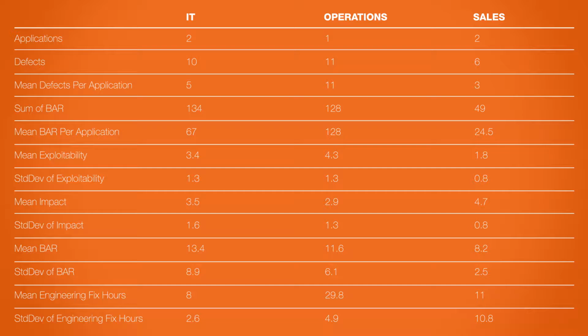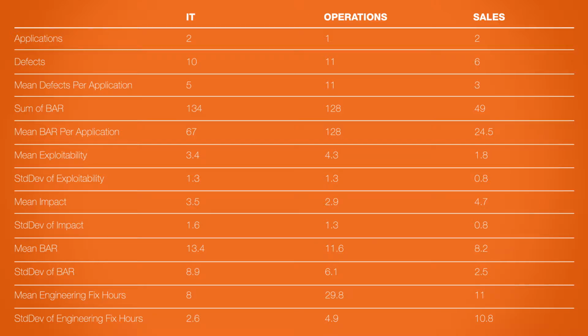Compare this to sales, the organization whose applications contain just 3 defects on average, and a BAR score 80% lower, which is 24.5. In addition to having fewer defects per application overall, the sales organization's defects tended to be consistently less serious.